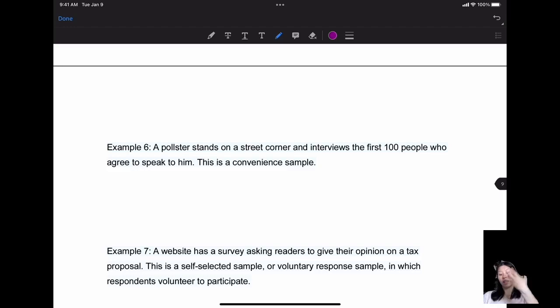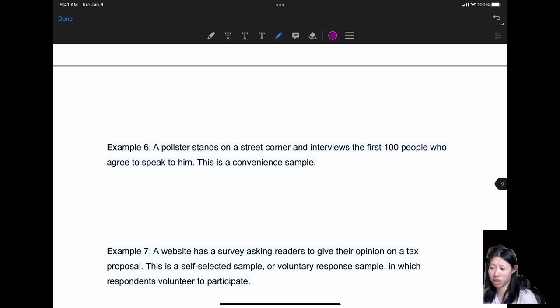And then the other one is voluntary response sampling. A website has a survey asking readers to give their opinion on a tax proposal. This is a self-selected sample or voluntary response sample, in which respondents volunteer to participate.